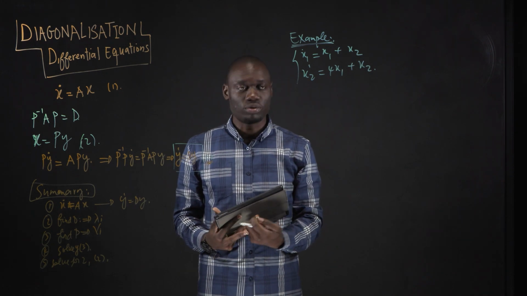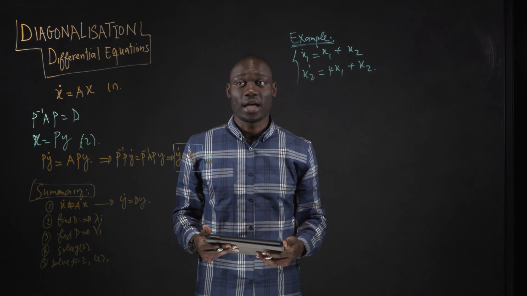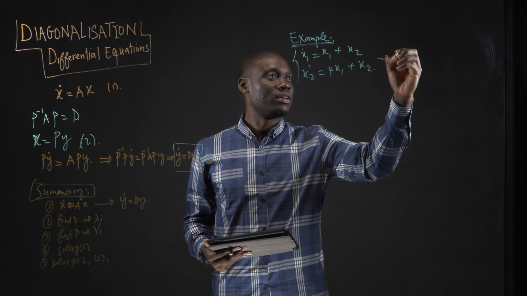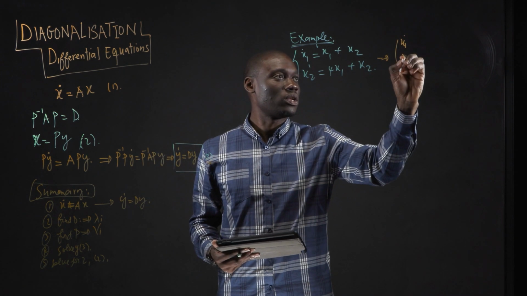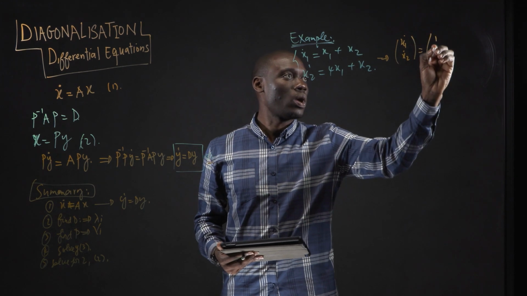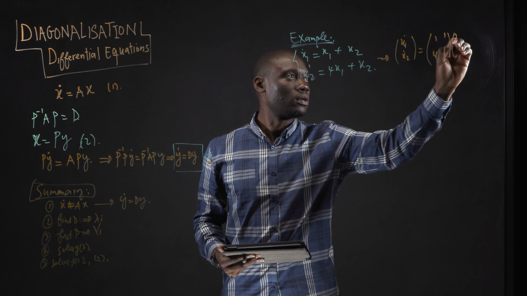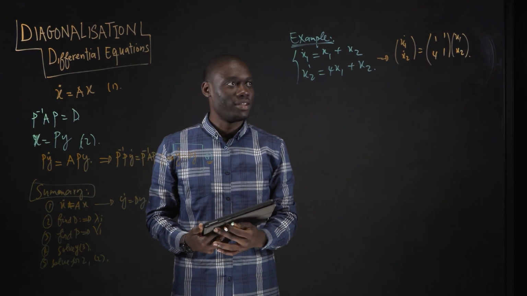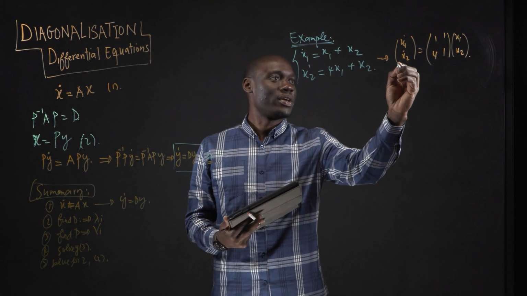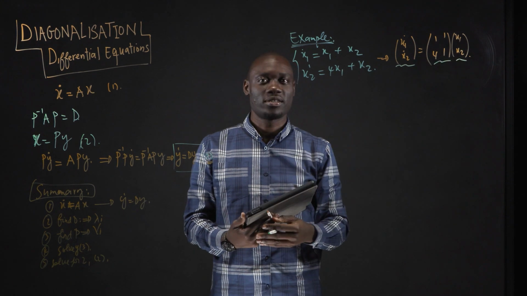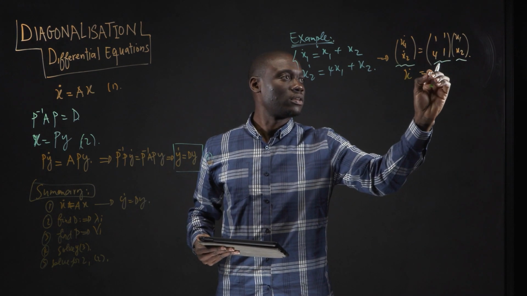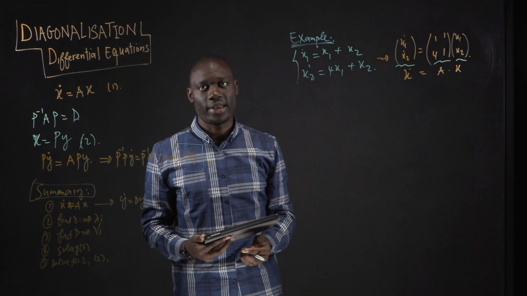The first thing is to rewrite this in matrix form. So this can be rewritten as [x1 dot, x2 dot] equals [[1, 4],[1, 1]] times [x1, x2]. Then we can see that this resembles our equation 1, which is x dot equals A x.